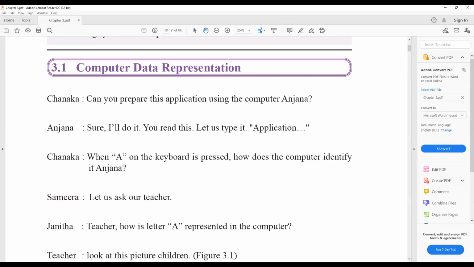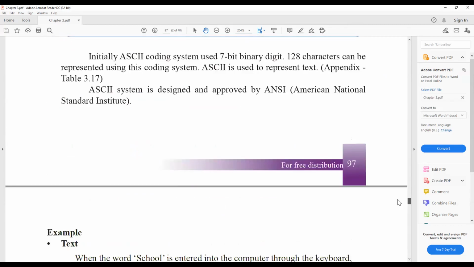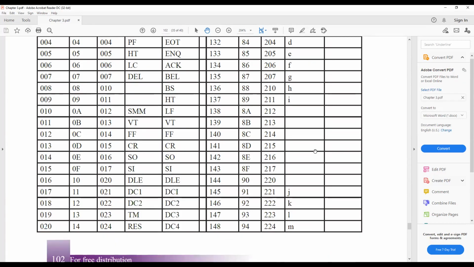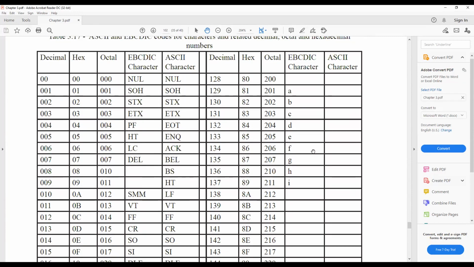We are going to look at the ASCII representation. If you go to page number 102, you will see a table like this. You see the first column is in decimal, then the ASCII characters are given in the fifth column. So you have to look at the first column and the fifth column values.